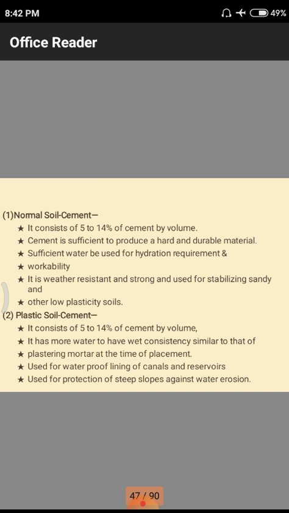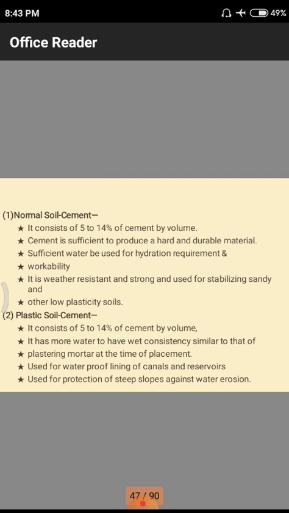It is used for stabilizing sandy and other low plasticity soils. Why? Because sandy soils have a huge amount of particles with large particle sizes and voids, so definitely for stabilizing sandy soils we use these cement stabilizations.